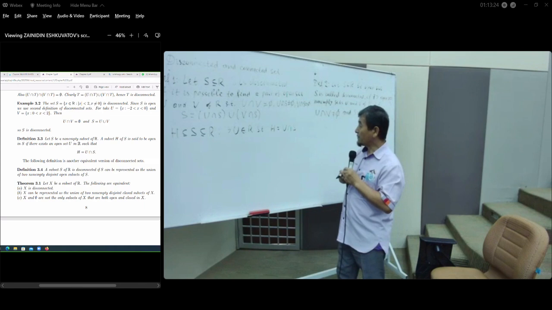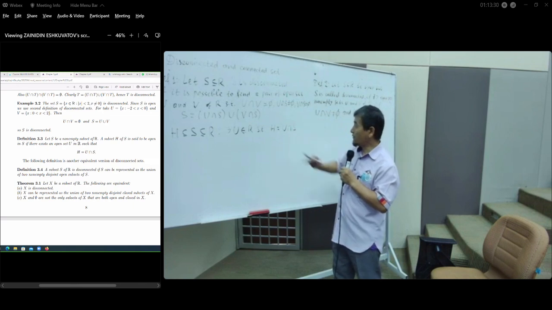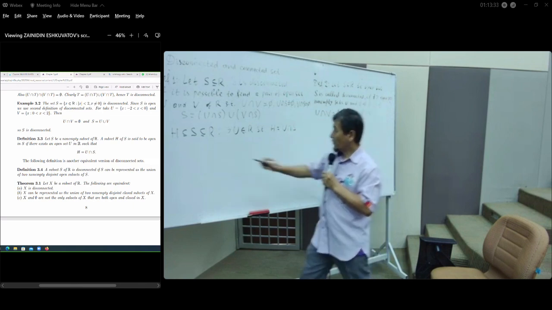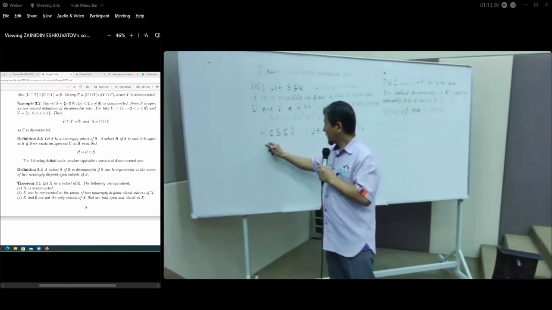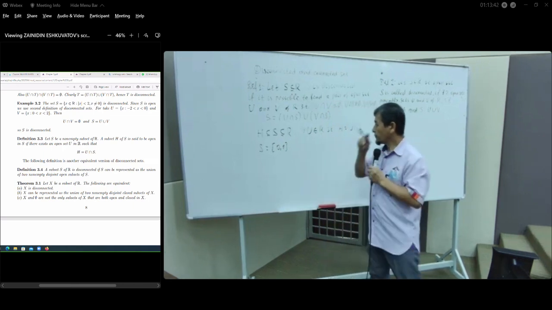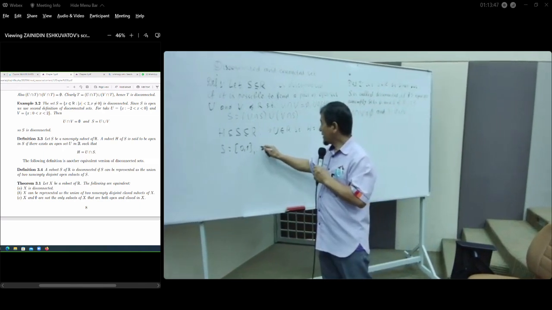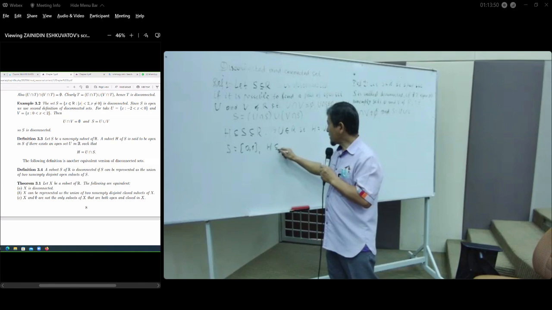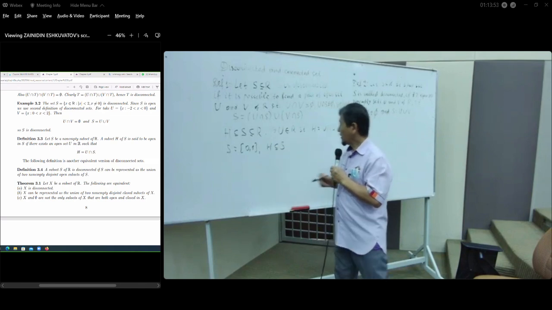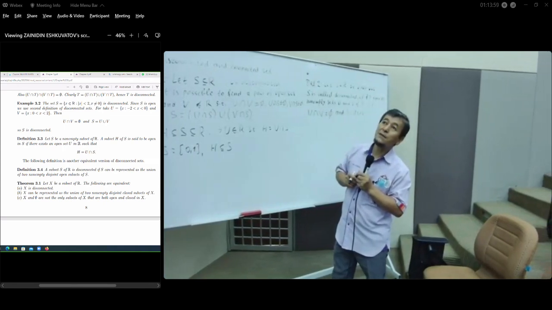For example, what kind of example can I give to make this definition clear? Let S be the interval [0,1] from R. H is a subset of S, not a proper subset.